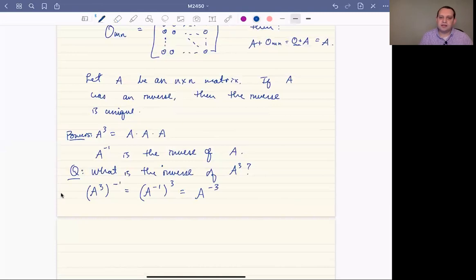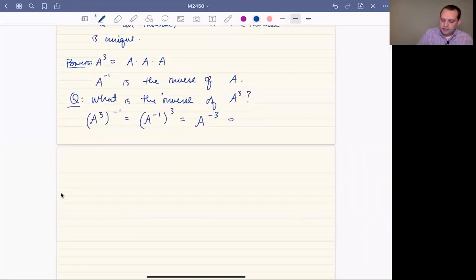It turns out that the inverse of A cubed is just going to be A inverse times A inverse times A inverse. And let's just check that this actually works.